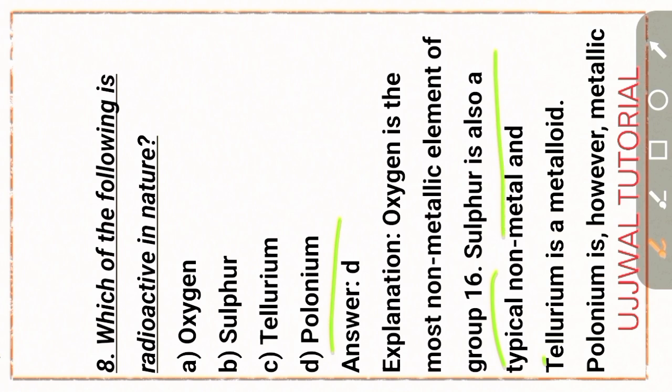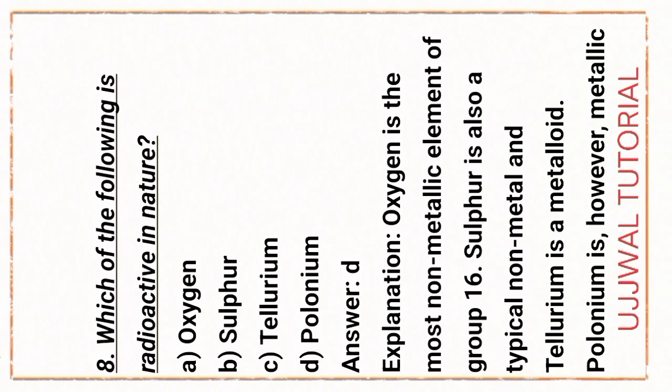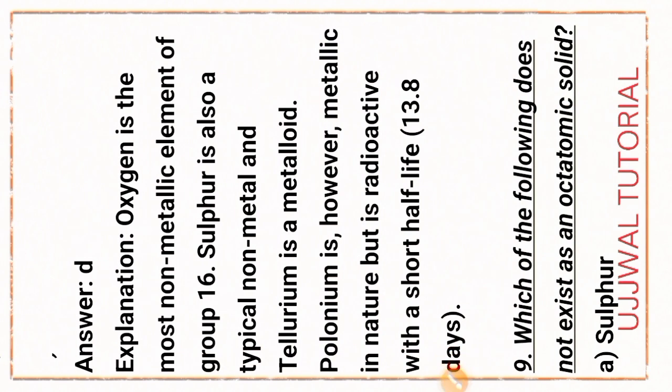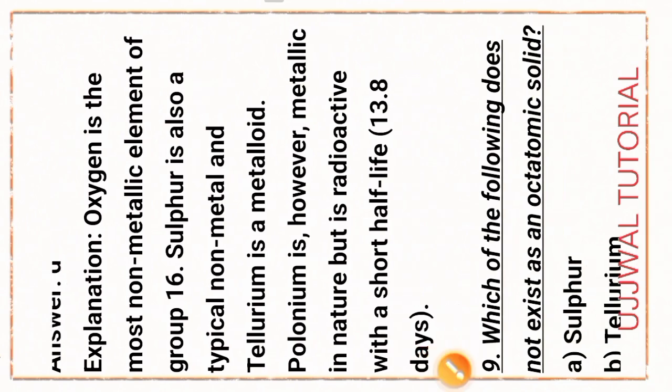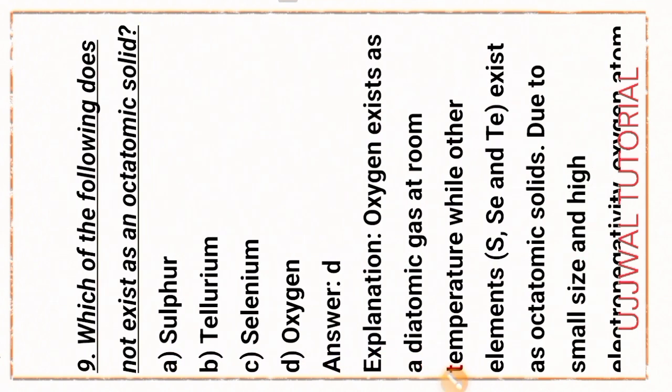Sulfur is also a typical non-metal, and tellurium is a metalloid. Polonium is metallic in nature but is radioactive, with a short half-life of 13.8 days. Next question, question number 9.